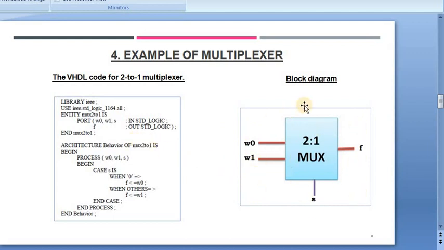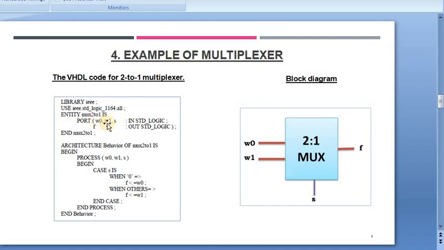Observe its block diagram. Now let's study its VHDL code. As you see on the left, the VHDL code for the 2:1 multiplexer is shown. Initially the library declaration is done, then the entity is defined for a multiplexer called mux2to1.